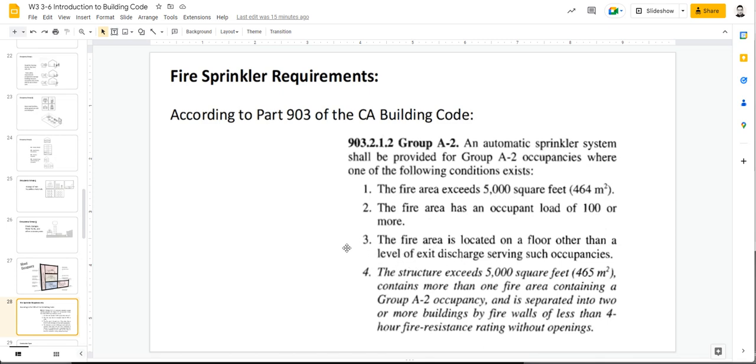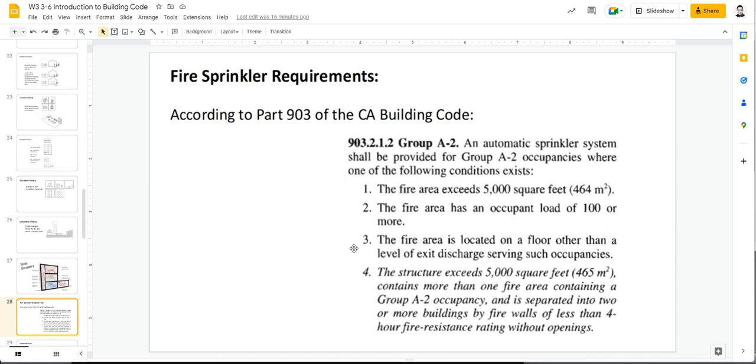Now, there's a way around this one. If you build a 4-hour rated stairwell fire exit, then the firewall exit itself is considered outside.